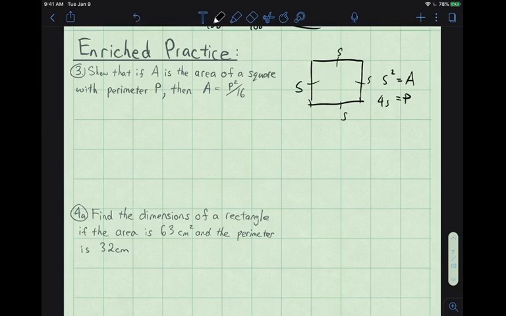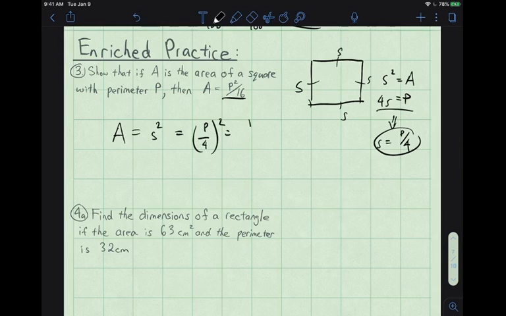Call that P. We're trying to show that the area equals this thing, but right now we have it written in terms of s. So let's turn that into s equals P over 4. So then it's s squared. Using this substitution, P over 4 squared equals P squared over 16. So that all equals A. Done.